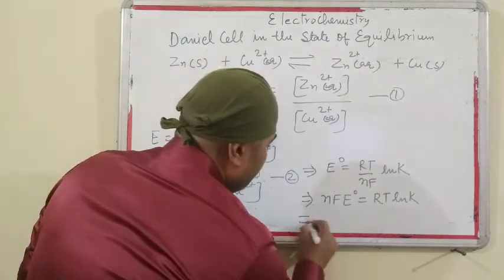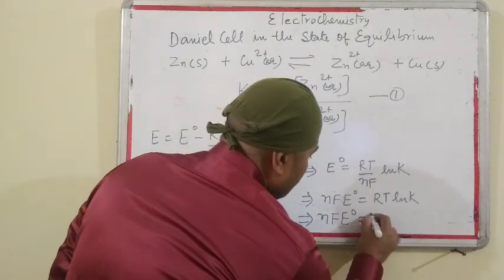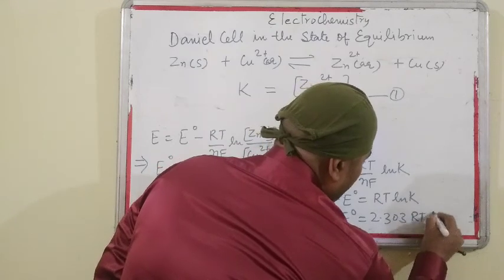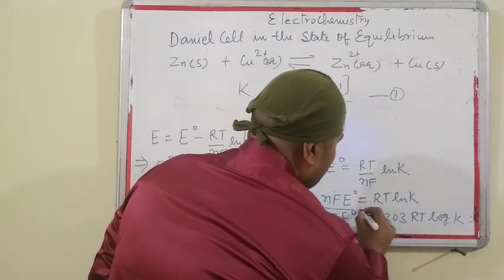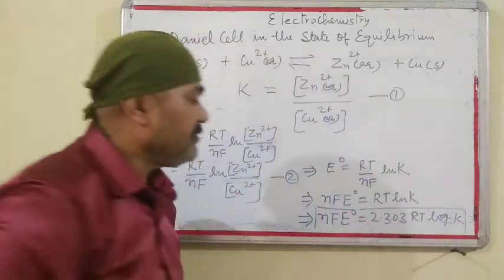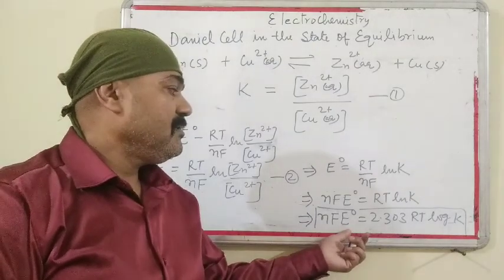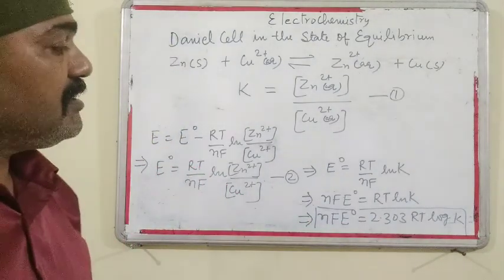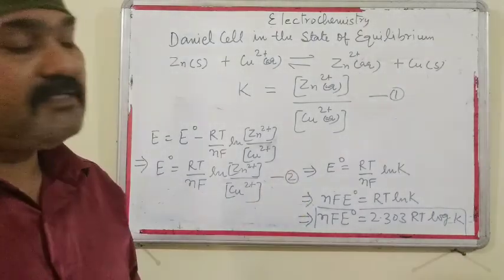So we have this equation: nFE0 equals 2.303 RT log K. This relation between the standard electrode potential and the equilibrium constant is very useful to solve different types of numericals. So students, you can use this one.